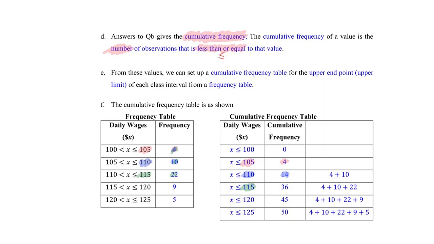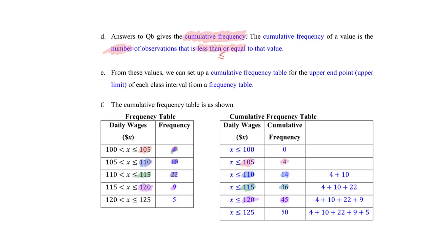Yeah, so this will be all the workers that have a daily wage less than $115. Moving on, you will start to see the pattern. So this is the upper limit. I need to consider 9, 22, 10 and 4 to give me 45 of them.